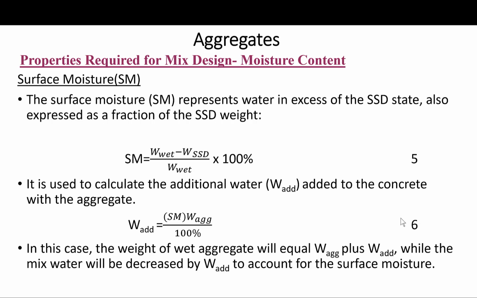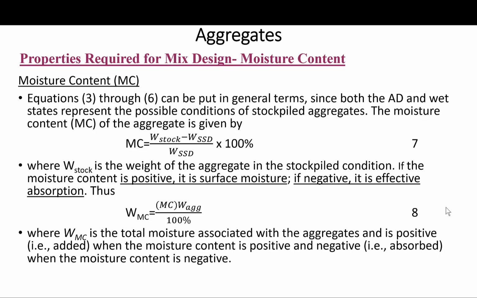The moisture content, denoted as MC, is shown here on this slide. The moisture content of the aggregate is given by this equation, number 7.